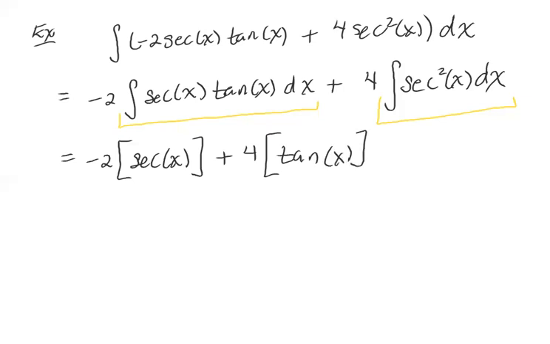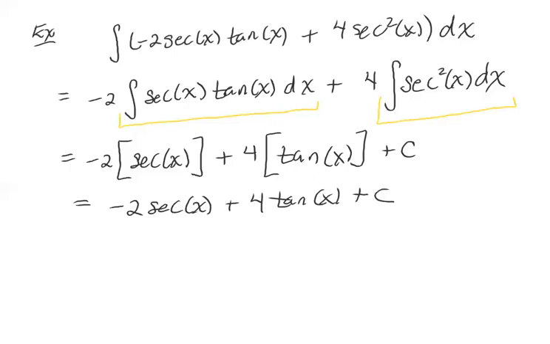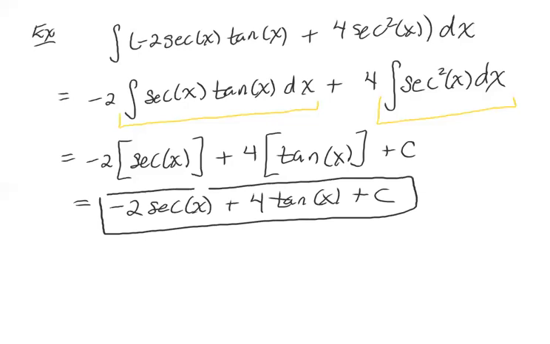And then that whole thing, I can add c to it. I'm going to rewrite it without the brackets. Negative 2 times secant of x plus 4 times the tangent of x plus c. Okay, so this is the indefinite integral of that original function, negative 2 secant tangent plus 4 secant squared of x dx.